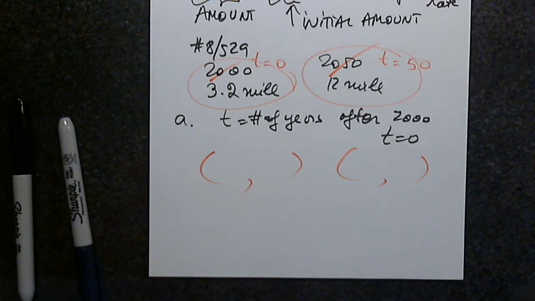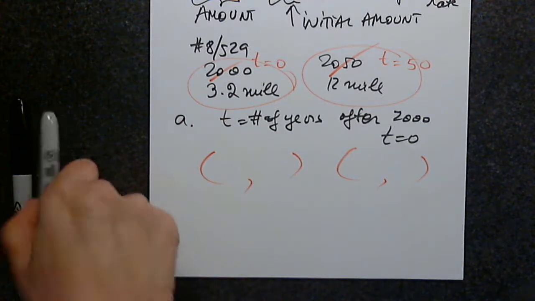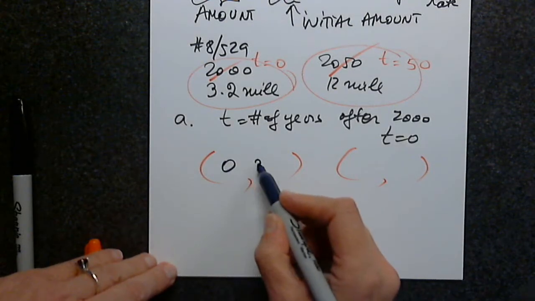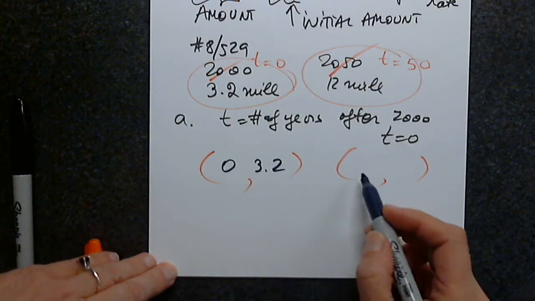Remember, you have to put the first coordinate, the independent variable, and the second coordinate, the dependent variable. And you can never consider time being dependent on anything, ever. So if anything involves time, that's the independent variable, mandatory. Yes, 0, 3.2, and that's it.